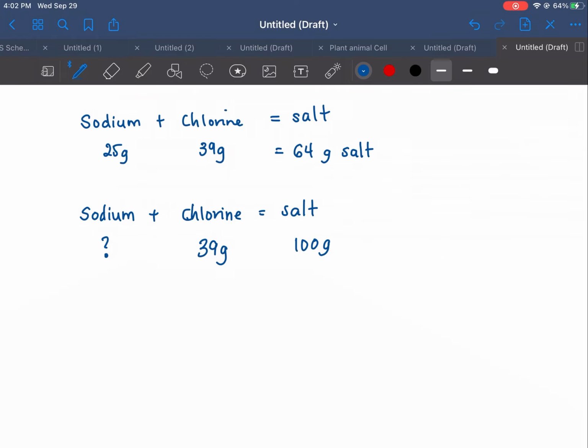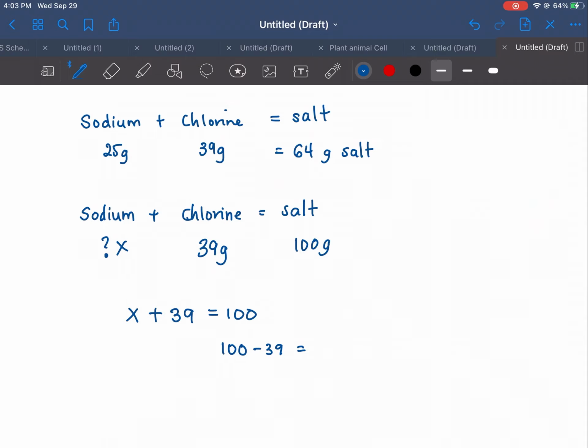You probably know how to answer this, but if not, we can write a simple algebraic equation. We can set sodium as x, so x plus 39 equals 100. To find x, all you need to do is move that 39 to the other side, so 100 minus 39, and your answer will be 61.